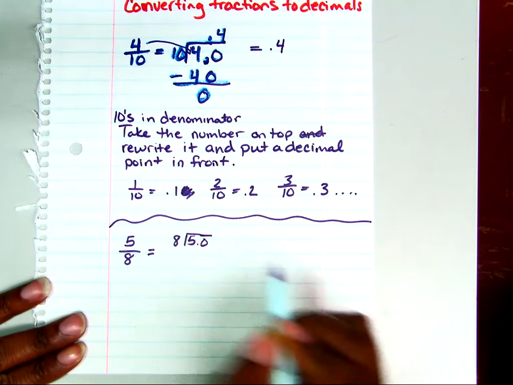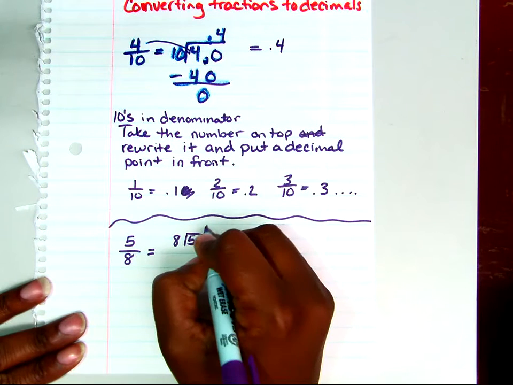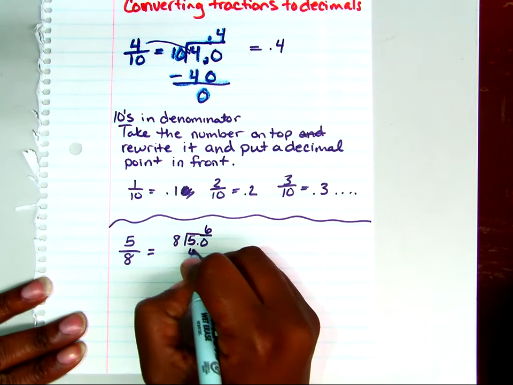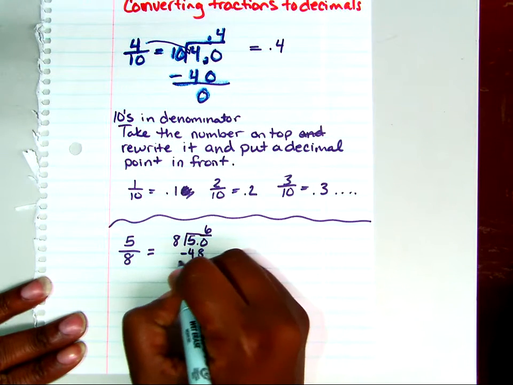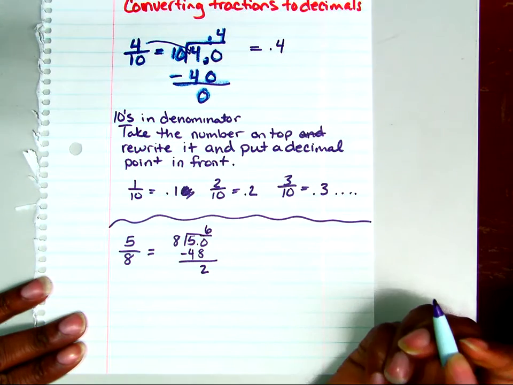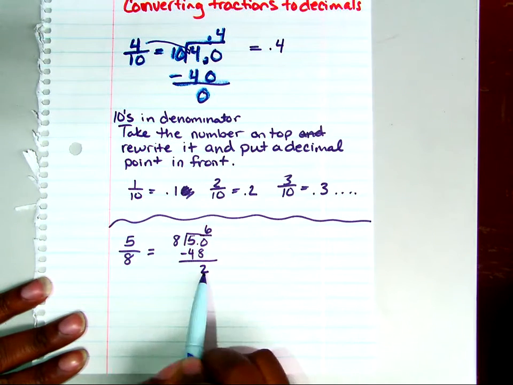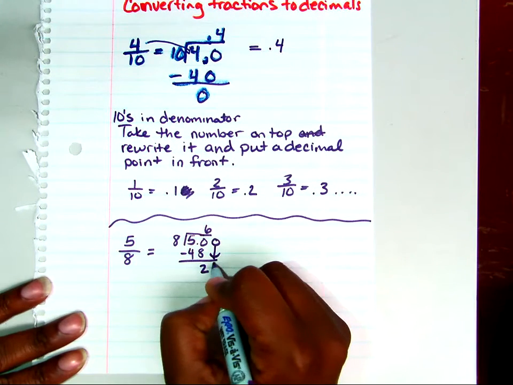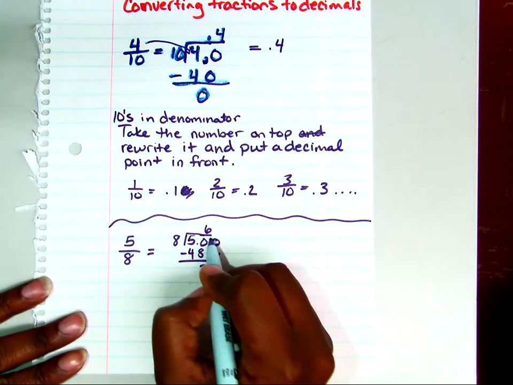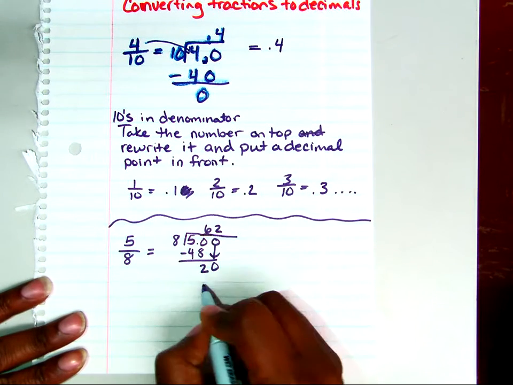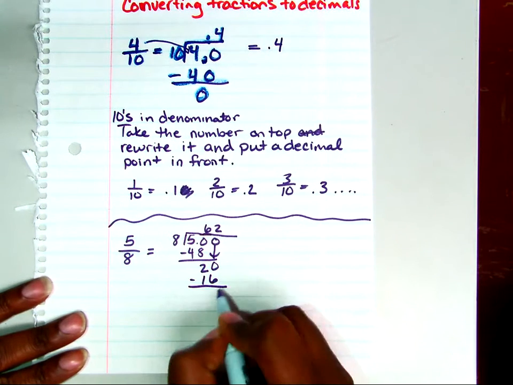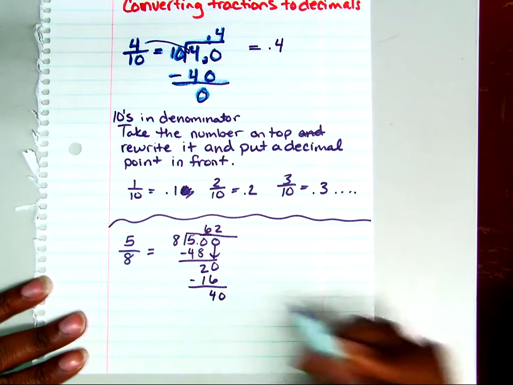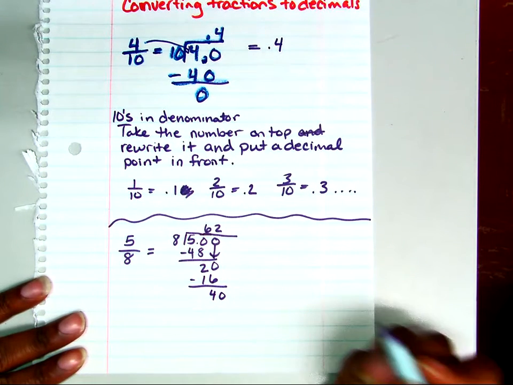How many times can 8 go into 50? 6 times. 6 times 8 is 48. Minus, 2. I bring down a 0. How many times can 8 go into 20? 2 times. That's 16. 20 minus 16 is 4.